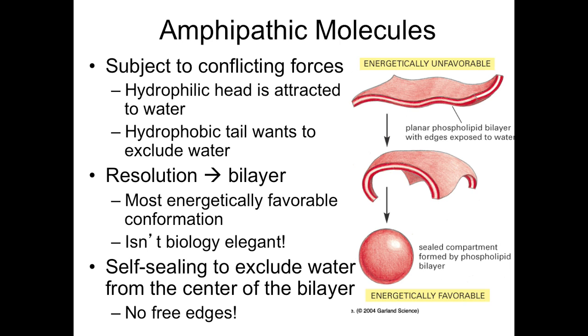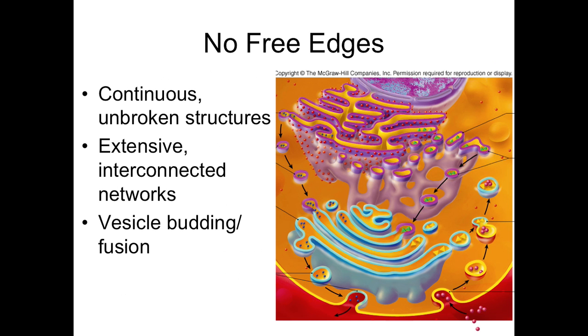No energy is needed to form a self-sealing configuration. And so this also allows the budding off of pieces of membranes and the fusion of those membranes with other membranes. Okay, so you can see here you have the Golgi and you get vesicles that bud off and then they can fuse to the endoplasmic reticulum or they can fuse to the plasma membrane and vice versa.